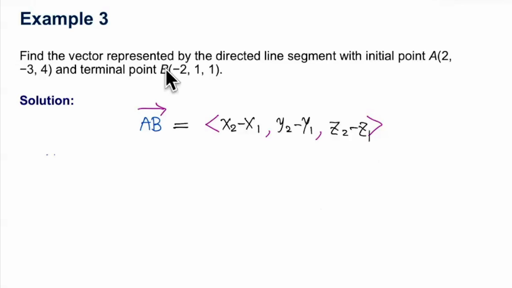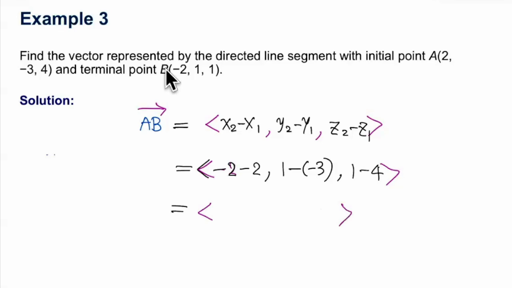So that will be -2 minus -2, and then 1 minus -3, and then 1 minus 4, right? So the resulting vector here is what? (-4... 4 and -3). Yeah, you got it.